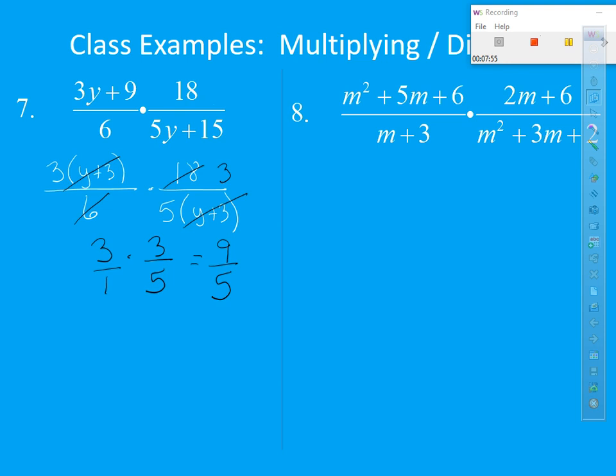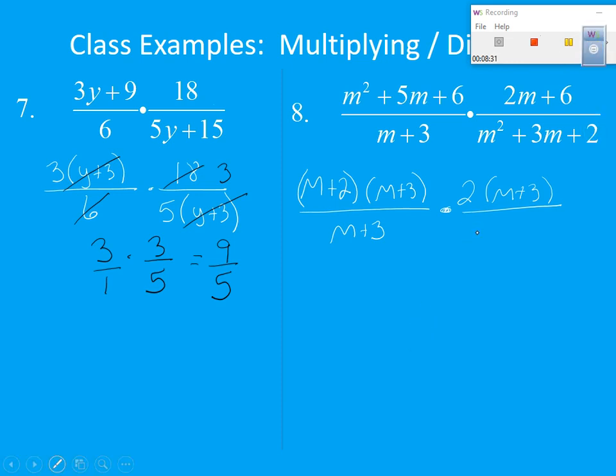Okay. Same thing with my number 8. I'm going to factor the m squared plus 5m plus 6 into m plus 2 and m plus 3 over m plus 3 times, out of the 2m plus 6, I'm going to factor out a 2, which leaves a m plus 3, over, and then I got m squared plus 3m plus 2.